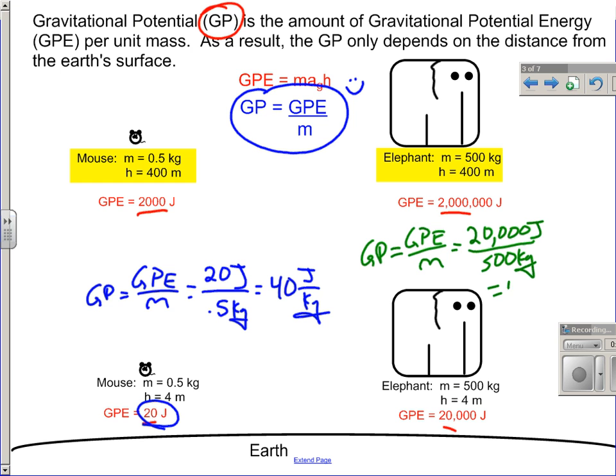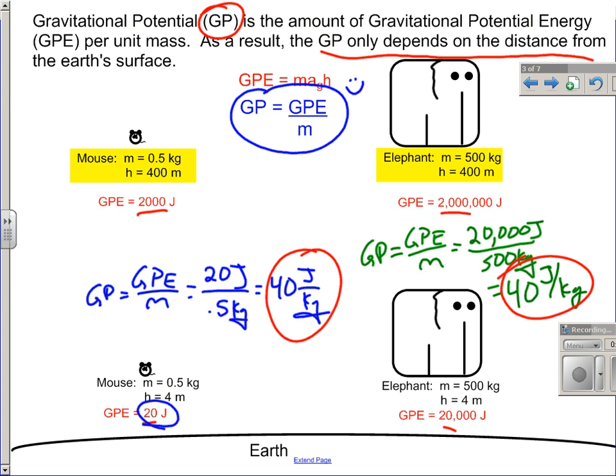And so the result is you get the same amount of gravitational potential, right? Look, 40 joules per kilogram, 40 joules per kilogram. Because gravitational potential only depends on the distance away from the Earth's surface. Both my mouse and my elephant are the same distance away from the Earth. They're both 4 meters away, right?